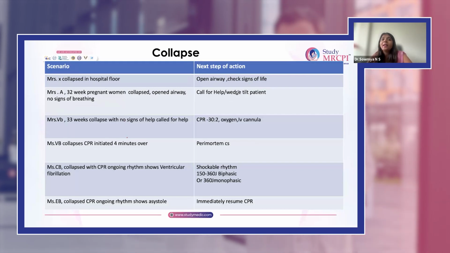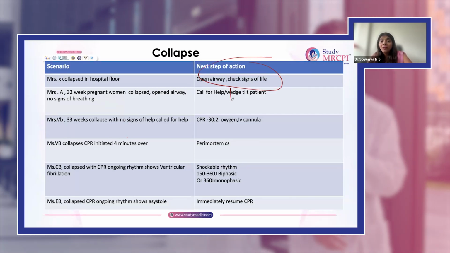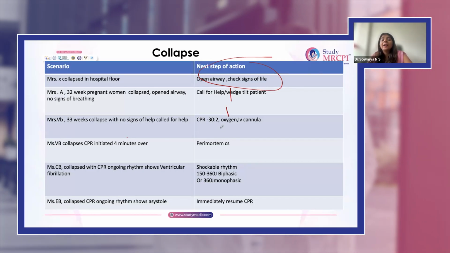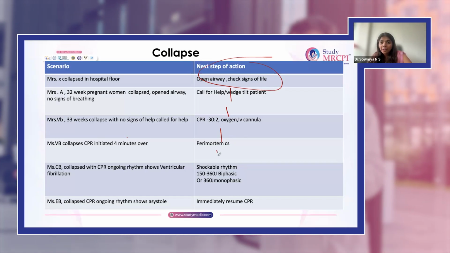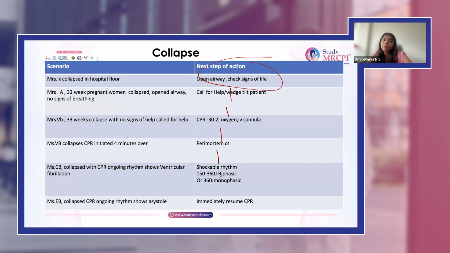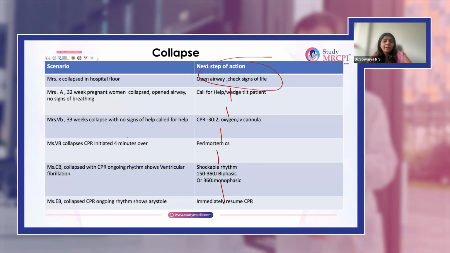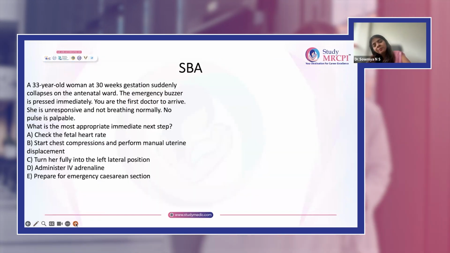Confirm signs of life, open airway, and then call for help, and then no breathing, continue CPR, and more than 4 minutes, do the perimortem CS. And of course, if the rhythm shows ventricular fibrillation, go for the shock. If asystole, resume the CPR. These steps are important, guys, because each one can come as an SBA.